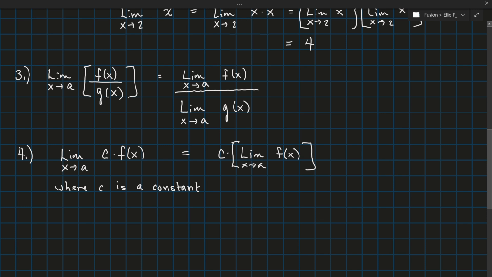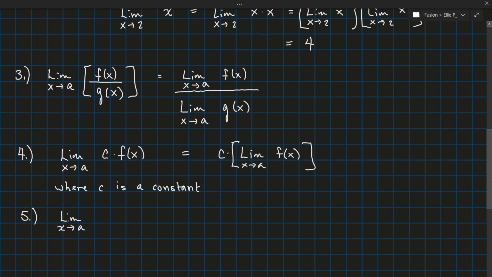So basically, a constant multiplier does not affect how we apply the limit. We can just pull it out, like factoring. And finally, the last one is actually, no, there's two more. Sorry.